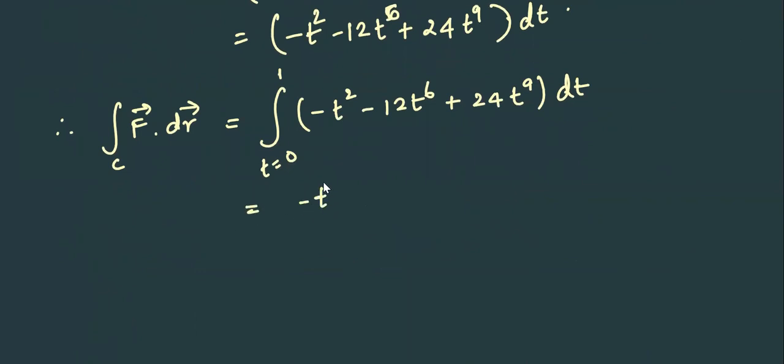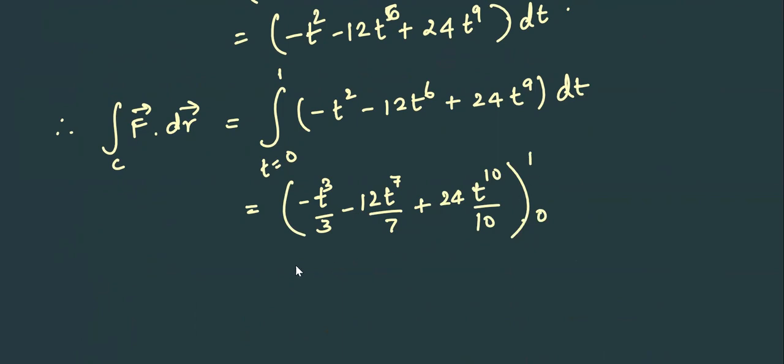So this is minus t cube by 3 minus 12 t power 7 by 7 plus 24 t power 10 upon 10, from 0 to 1. So you get minus 1 upon 3 minus 12 upon 7 plus 24 upon 10, which is 12 upon 5.